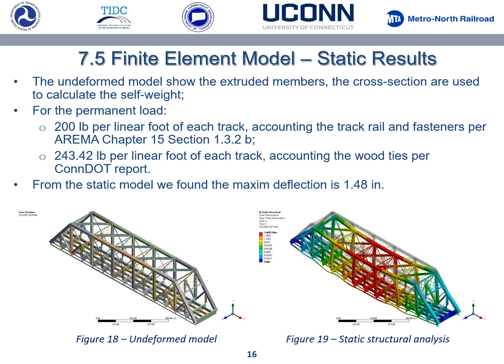The permanent loads we added manually, which includes 200 pounds per linear foot of track, including tracks and fasteners, per AREMA chapter 15, section 1.3.2b, and 243.42 pounds per linear foot of track to account for the wood ties per the Connecticut DOT report.